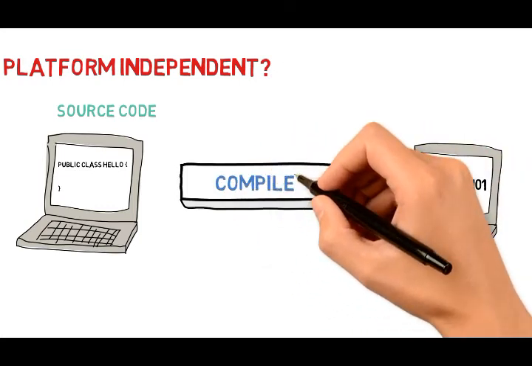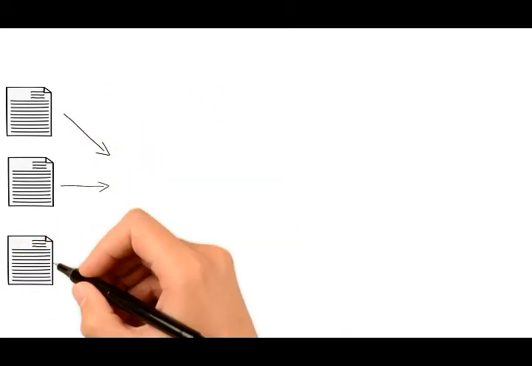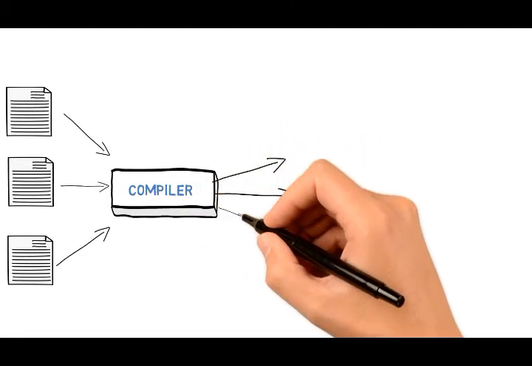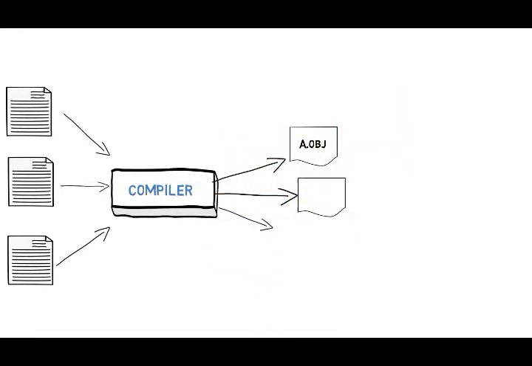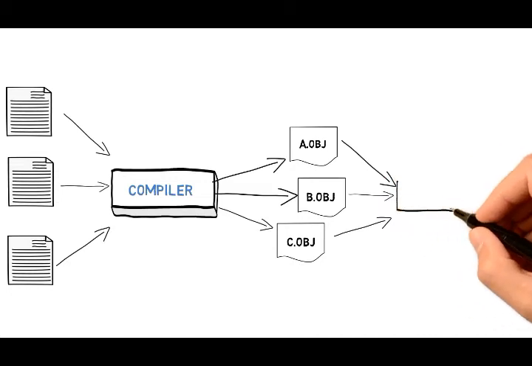For that, we have a compiler, which converts the human code to machine code. Now, if you have large applications with multiple source files, these source files are fed to the compiler. For example, in the case of C and C++, the compilers generate object files. These object files are in machine understandable language.